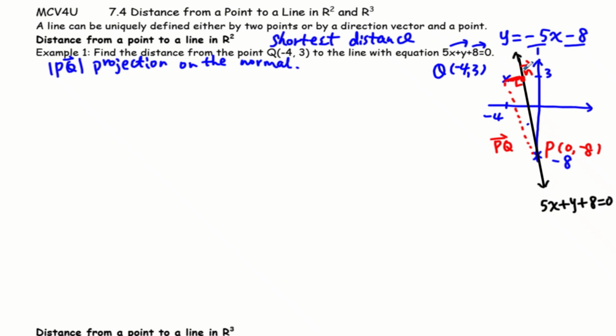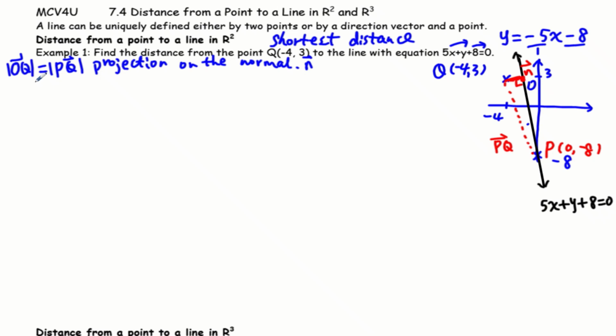So this one, if we write it as O, the shortest distance OQ equals the projection of PQ on the normal. So we could find the normal and derive the formula. The mathematician has done the job for us already, so we could use the formula right away.